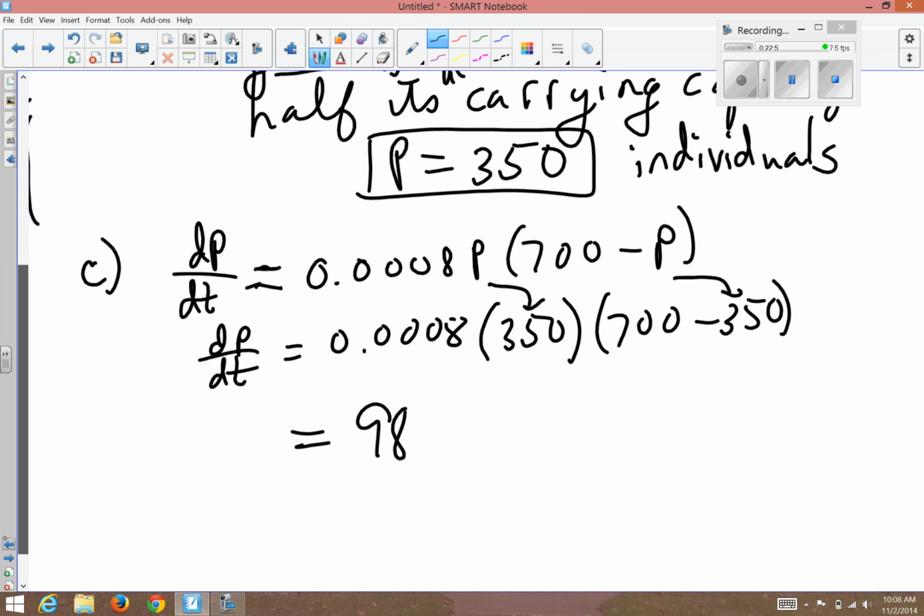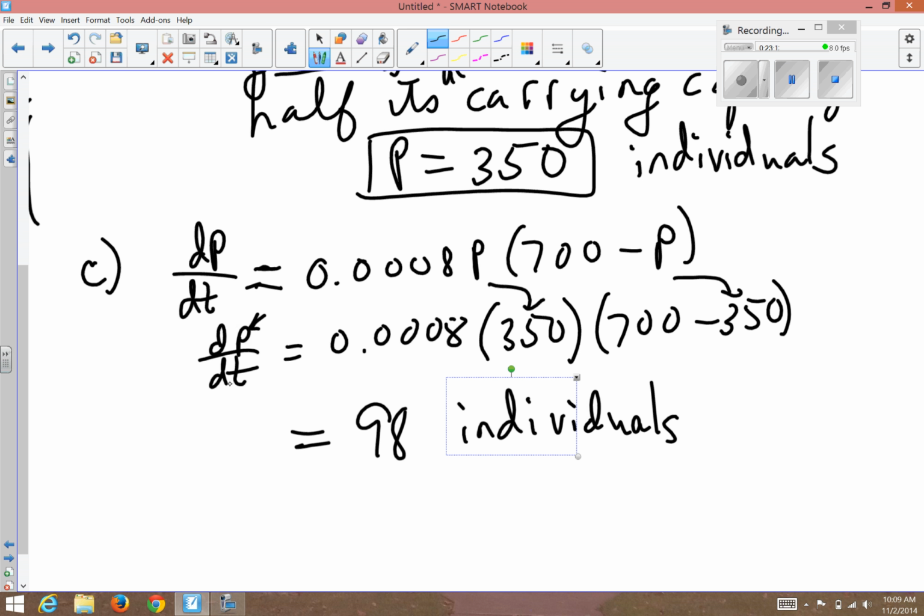And this 98 is a rate. P is the numerator, population, that's individuals. But it's a rate. The denominator is a T, so it's individuals per year, because time is measured in years. In the directions, you'll see that. We're done.